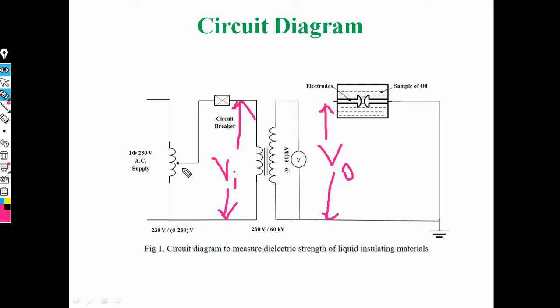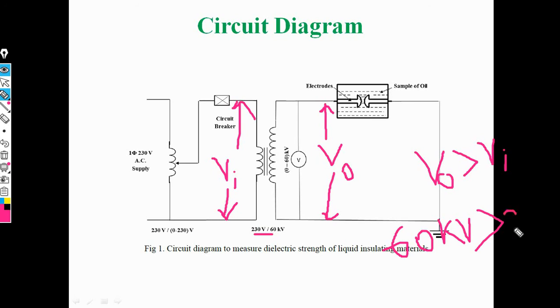We have used a step up transformer, where the output voltage is greater than the input voltage. Here the output voltage is 60 kilovolt and the input voltage is 230 volt. Output voltage greater than input voltage is called a step up transformer.